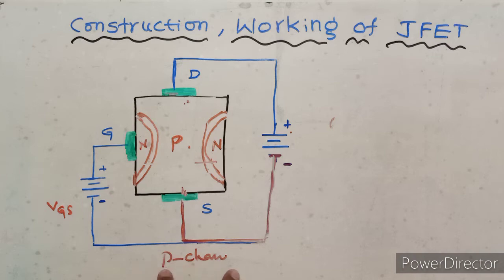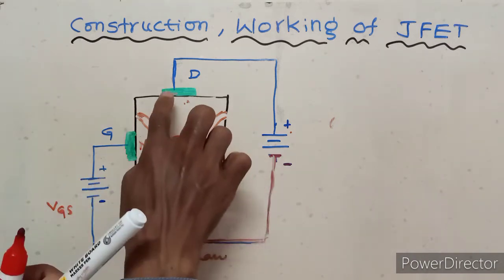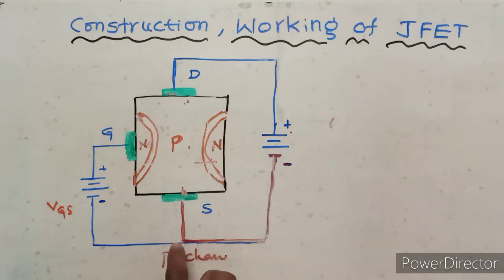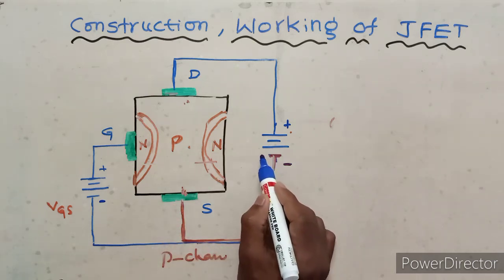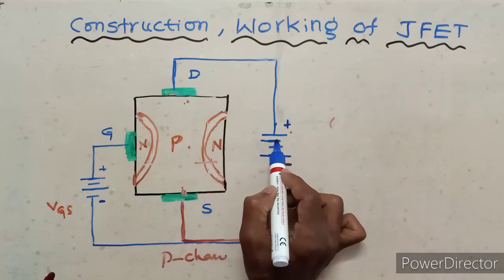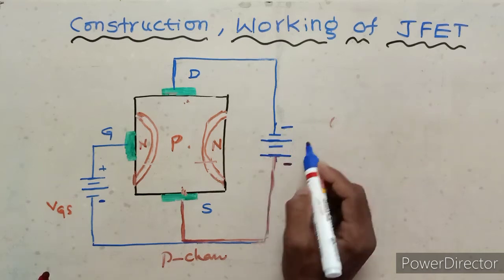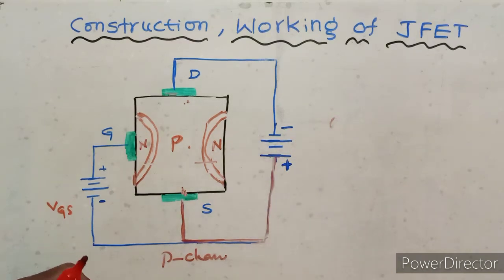So this is the p-channel, and the remaining connections are interchanged: the source is connected to positive and the drain is connected to negative. This is the p-channel.